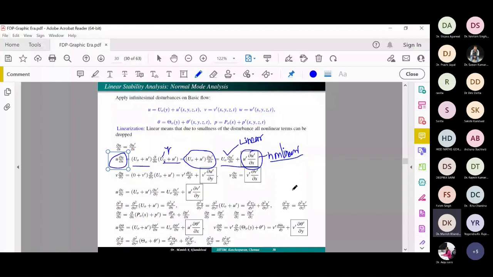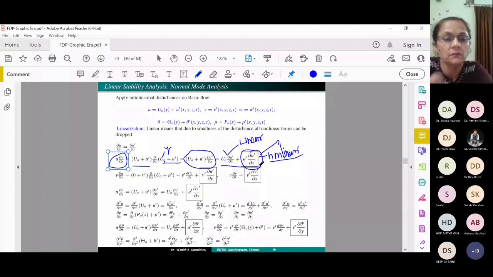Basically the order of this non-linear term is very small. Why? Because the disturbance is very small. We have given an infinitely small disturbance, so the product of two very small quantities is again very small. If u dash is less than 1, then the product of u dash and del u dash by del x is much less than 1.